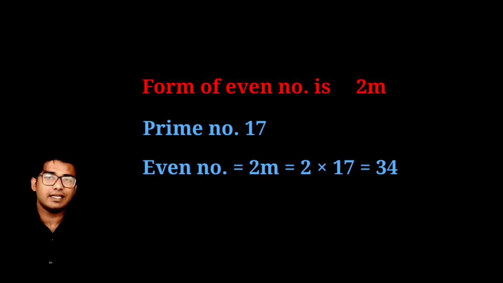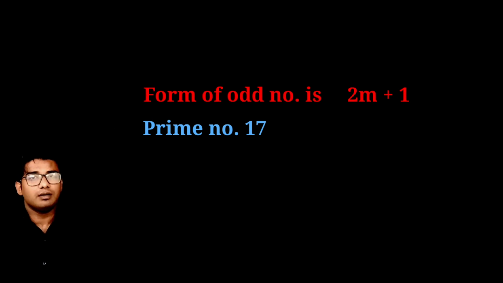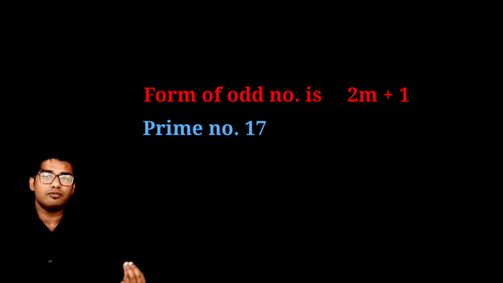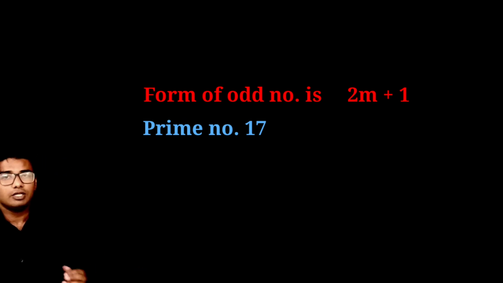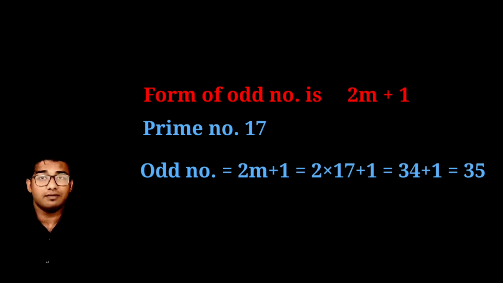Again take 17 as a prime number. It is an odd number, but we can make an even number into an odd number by the form 2m plus 1. So 2m plus 1 equals 2 multiplied by 17 plus 1, that is 34 plus 1, which is 35. So 35 is an odd number.